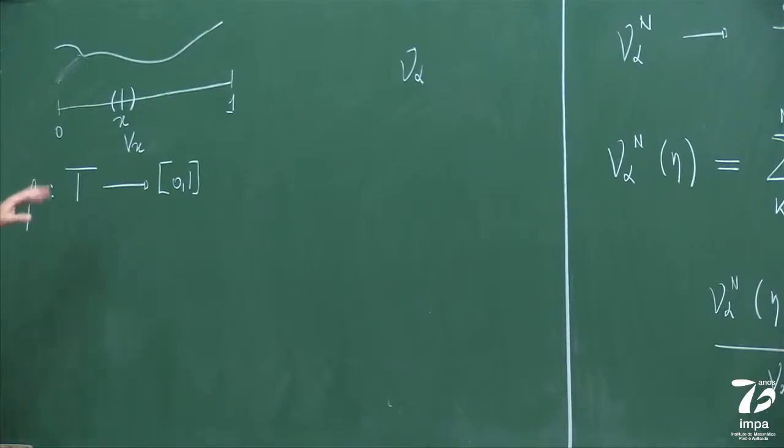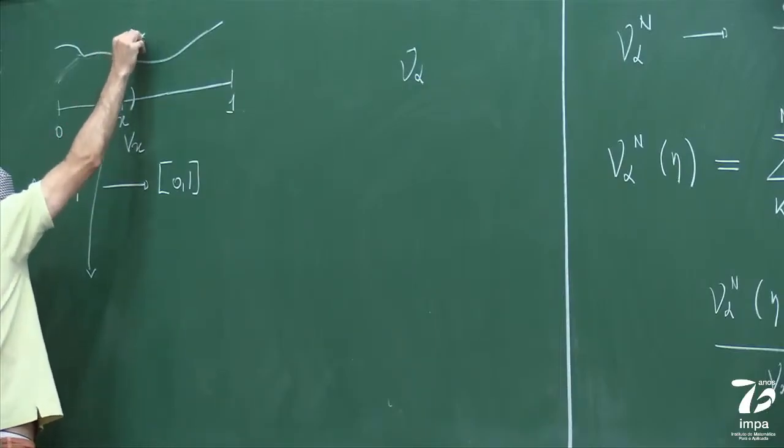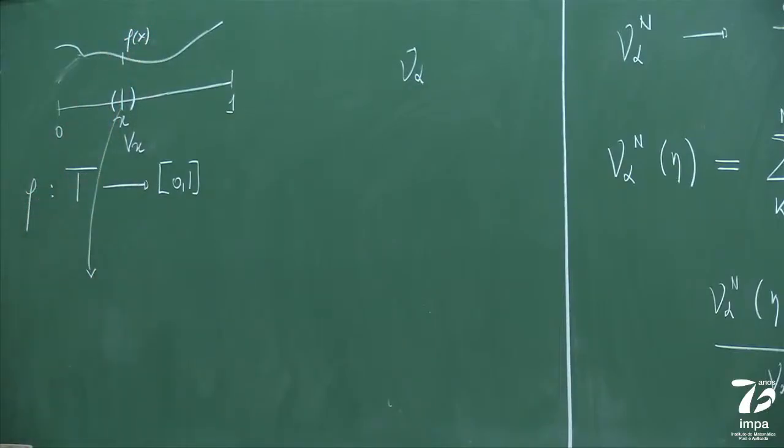Okay? So I look at this interval, and I look at the distributions of particles on this interval, what I would like to have is a state which is very close to a stationary state. But which stationary state? Well, the one which has density rho of x. So I gave you this function.